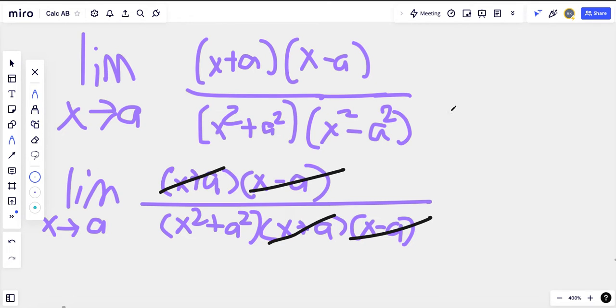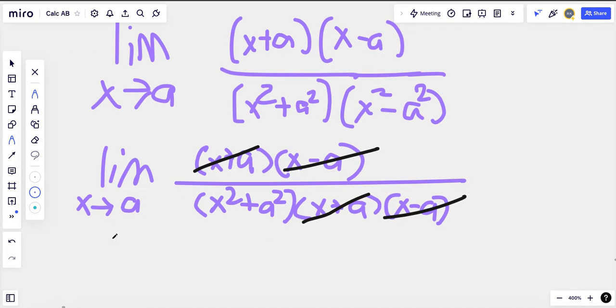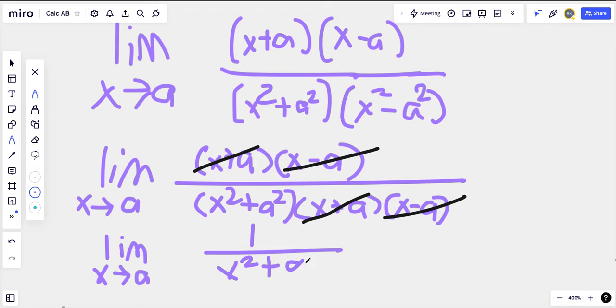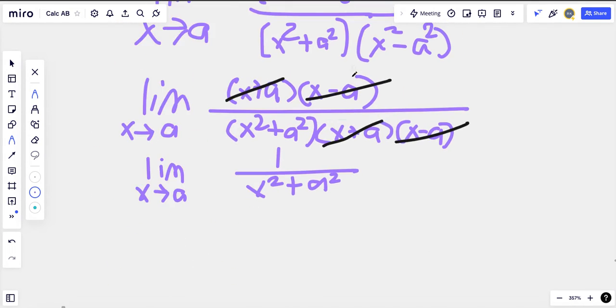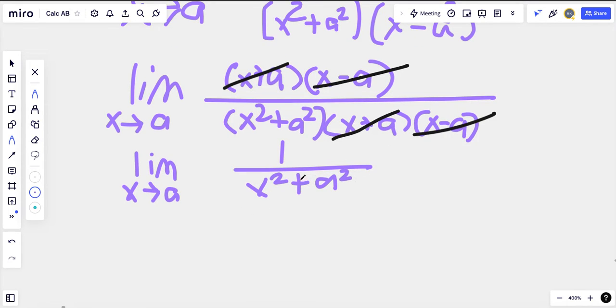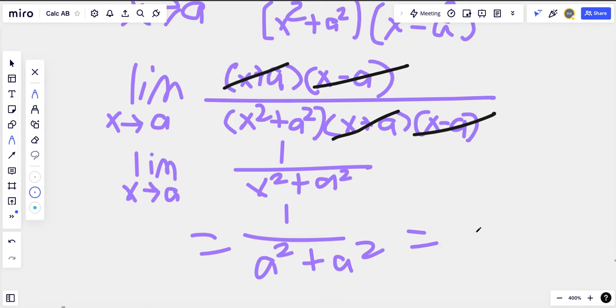So now we're just left with, right? And now we can just plug in our value. If we plug in the value for x, we get 1 over a squared plus a squared, which is just 1 over 2a squared. And that's the answer.